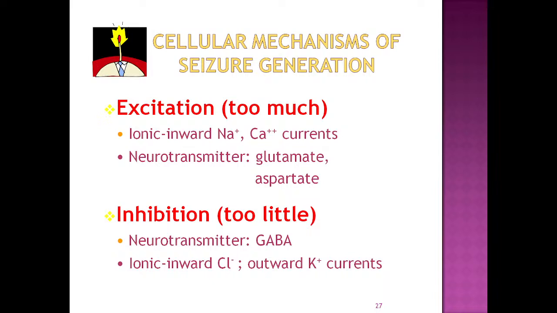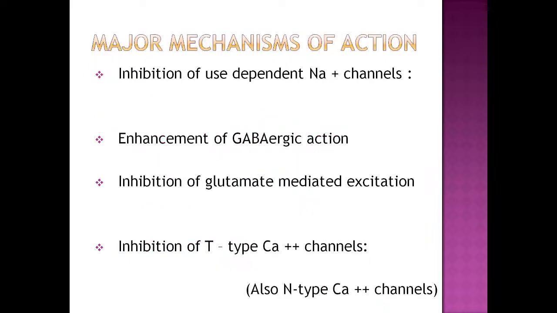So you will see that most of the drugs which are used as anti-seizure drugs or anti-epileptic drugs, they will act on one of these structures or one of these pathways. All right. So these are the major mechanisms. The most important mechanism is inhibition of use-dependent sodium channels.